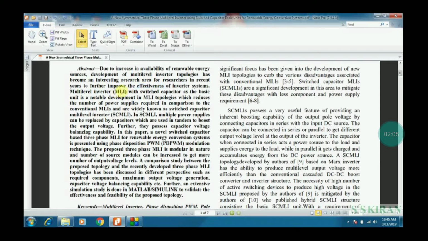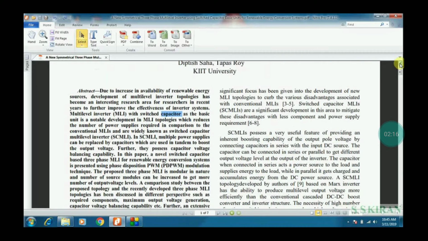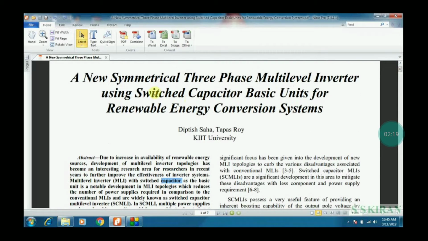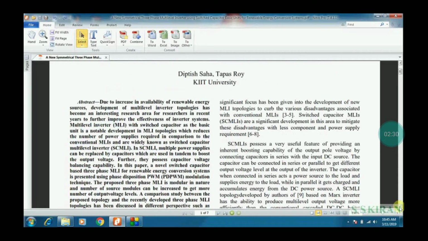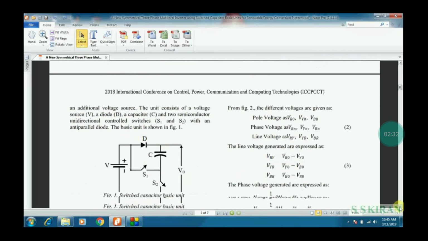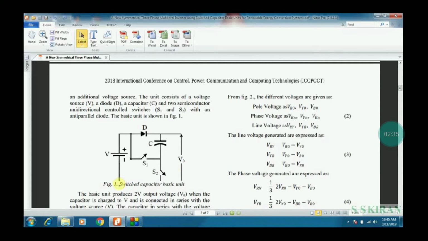To further improve the effectiveness of inverter systems, this system can be used in inverters. That is called the switched capacitor. We can also observe in the title that the main aim is to design the switched capacitor in MATLAB Simulink. This is the basic unit of switched capacitor.